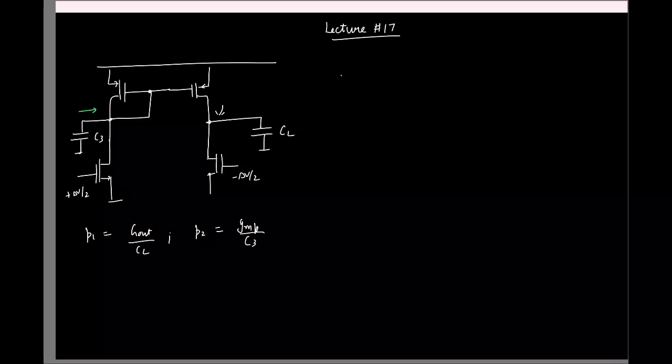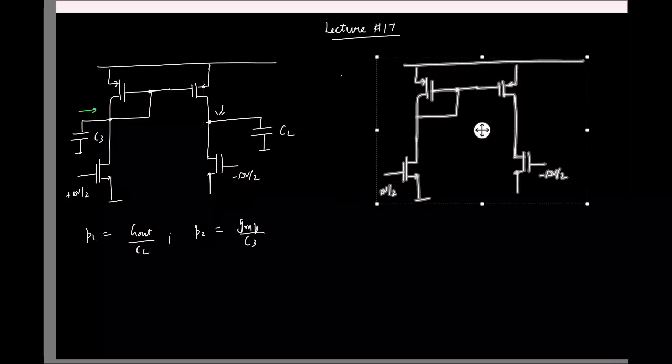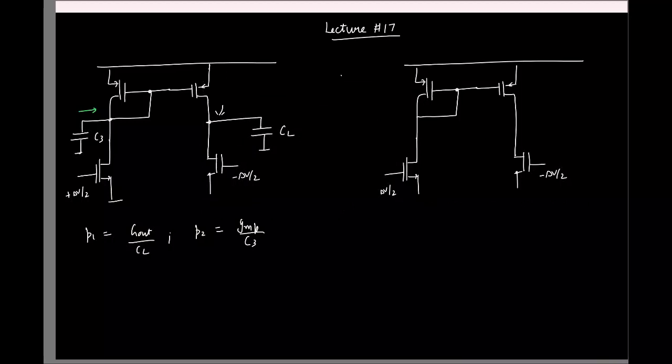But we have also seen in one of the classes, let me draw the circuit again, that we looked at the total impedance looking here, right? And for finding the impedance I will not consider the inputs. What was the total impedance? It was 2 GM. That was because if I apply a test voltage here, this transistor will take in a current GMP times the test voltage, and I'll ignore R0, so no other current flows here.